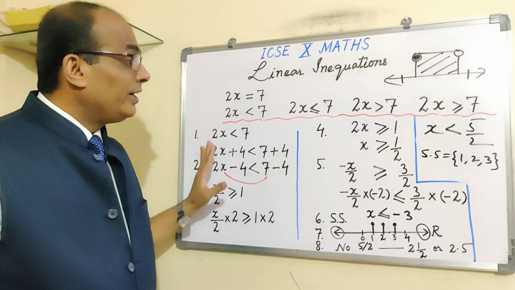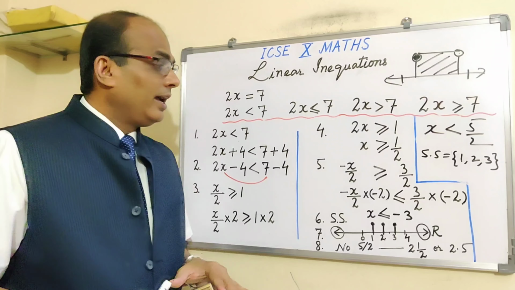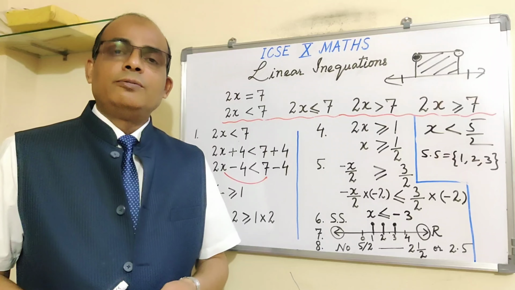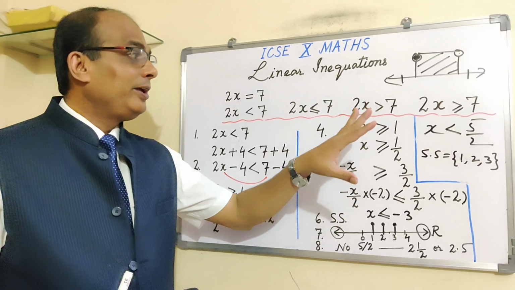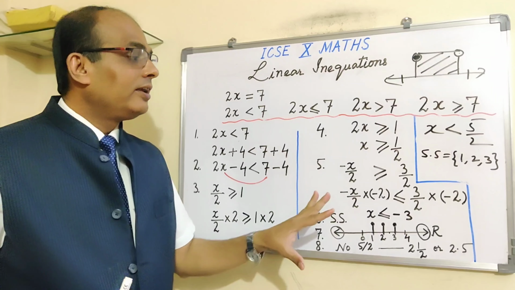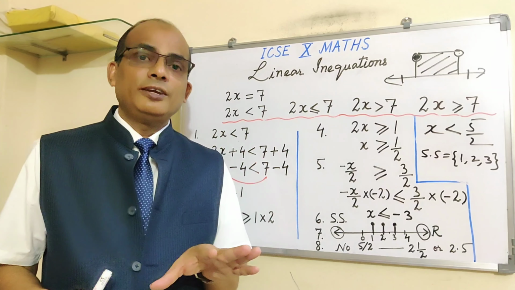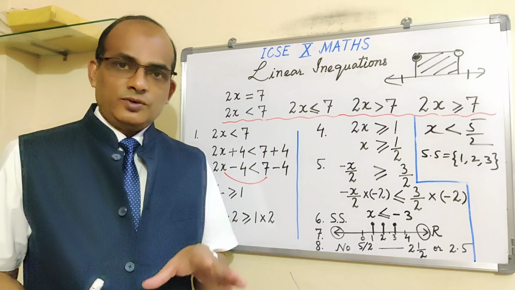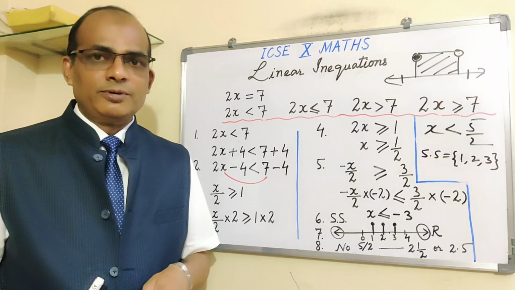These are the important points, 8, 9 points. They are very, very important. Please keep them in mind. In my next video, I'll solve a few questions and explain how we apply all these points, how we keep them in mind when we write down the solution set and when we represent the solution set on the number line.